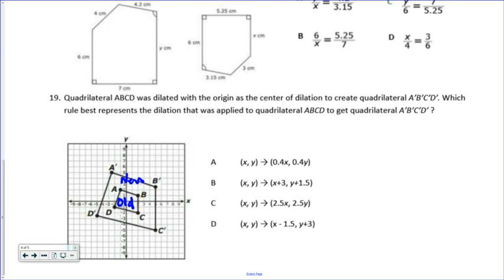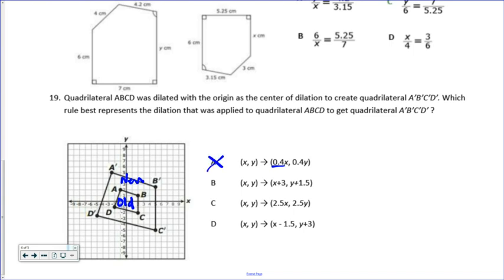Okay, looking at our answer choices, we can already cross off a couple of them. The first one, we can cross out A, because the image is getting larger. So in order for it to get larger, your scale factor has to be more than 1, and 0.4 is not more than 1.